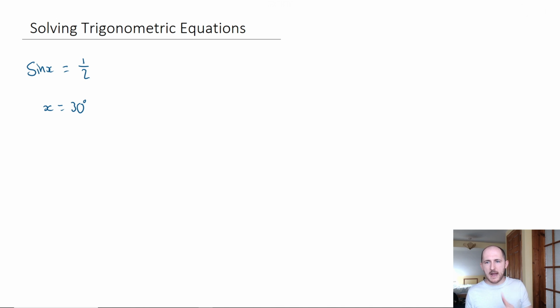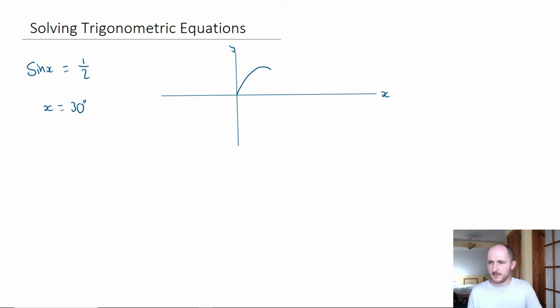But if we draw out the sine graph, you're probably going to notice something. So if I draw, we've got my y-axis here, and we're going to have a pretty long x-axis here. The sine graph looks like this, and it goes on in both directions forever.